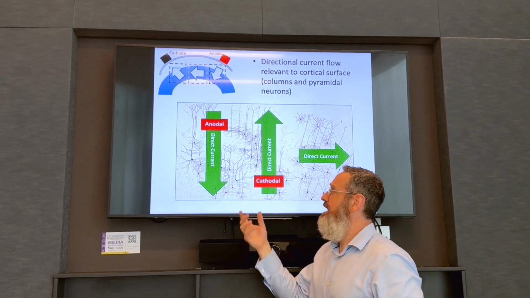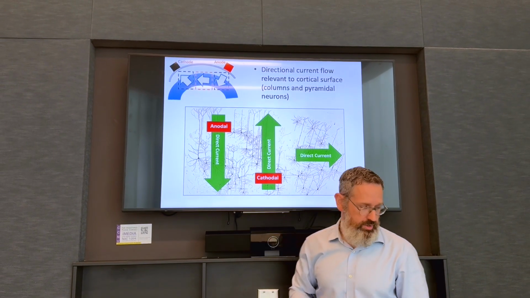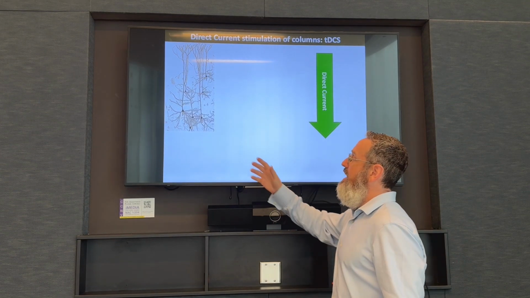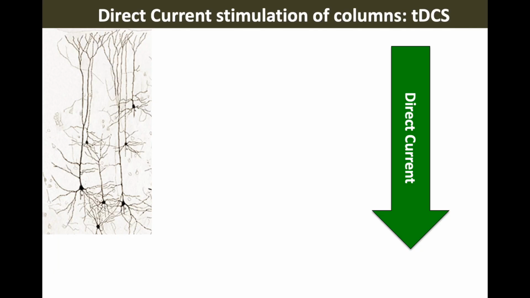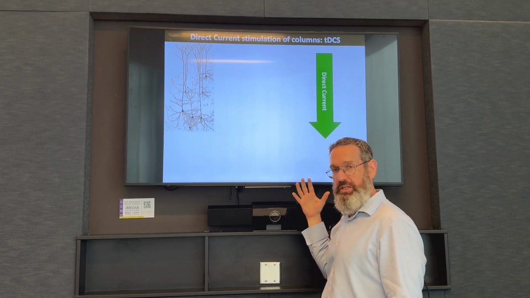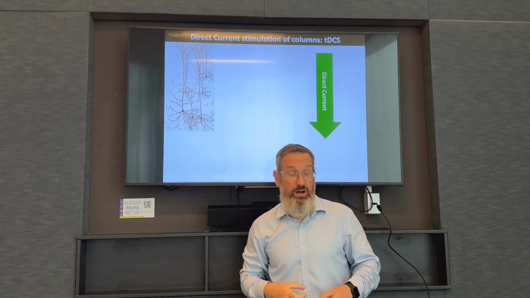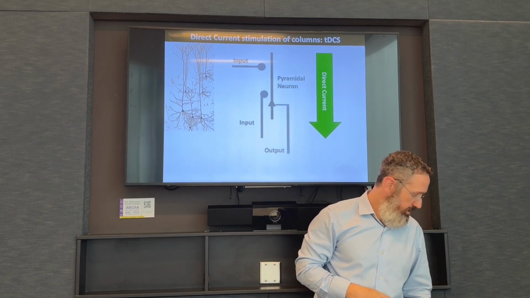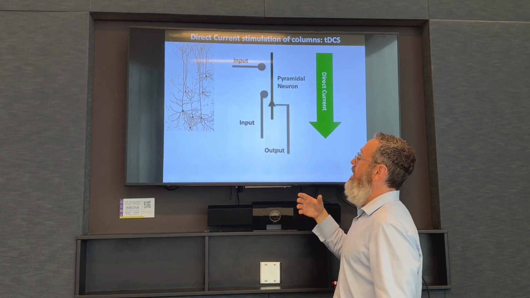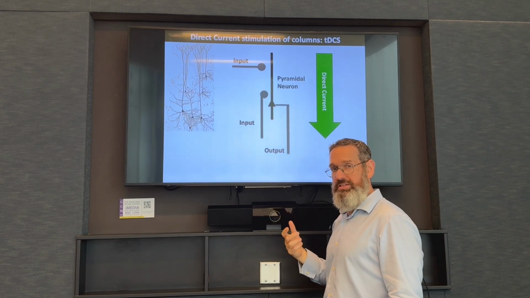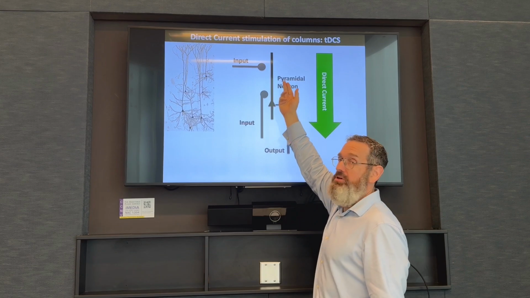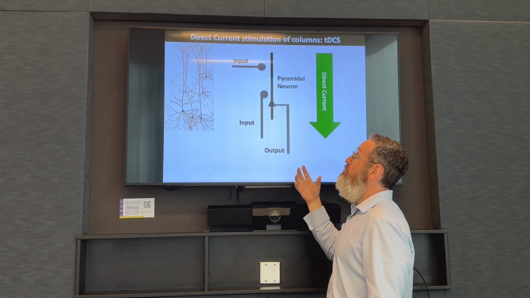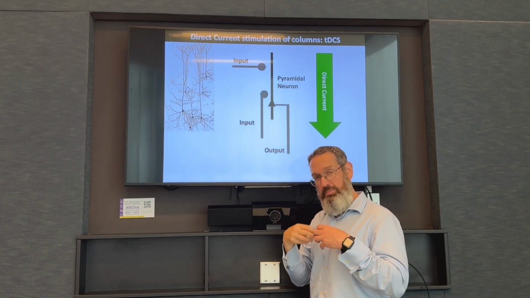How do we understand how this works? We want to imagine that we have a little piece of the cortex right here with our pyramidal neurons oriented in a particular way. We're applying direct current stimulation to that little piece of the brain. Now, that piece of the brain can be thought of as a little processing unit, and at the core of that processing are these pyramidal neurons. They receive inputs from other parts of the brain.